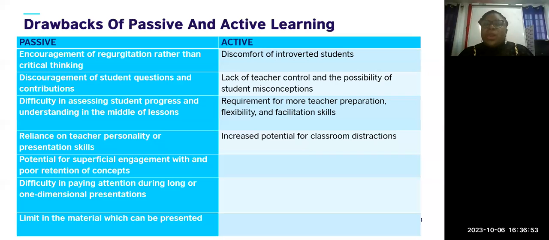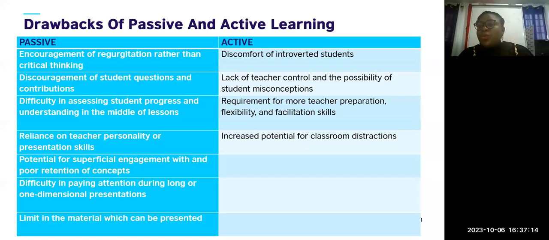Now, there is also a problem of difficulty in knowing whether a student has really understood or comprehended the lesson or not, because we are focused on ourselves and not on the students. Another problem with passive learning is that students tend to be more focused on the physical appearance of the teacher.